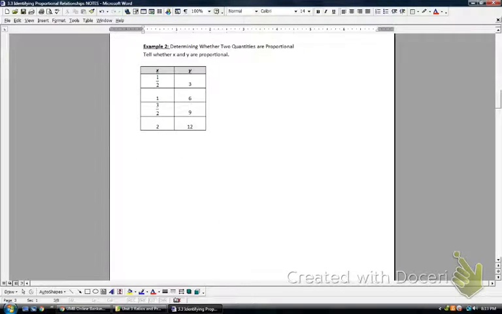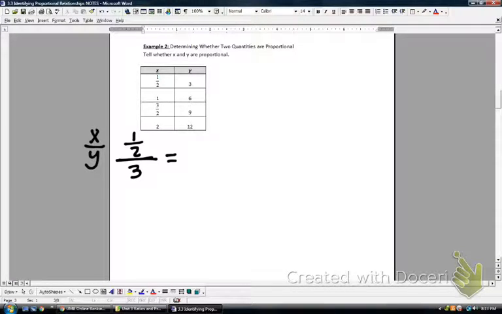Example 2 says tell whether x and y are proportional. So it's telling me that I'm comparing x to y. So x goes on top, y goes on bottom. And then I'm going to look at each entry in the table. So my x here is 1/2, and then my y is 3. And I can do that on my calculator, 1 ABC 2 divided by 3.